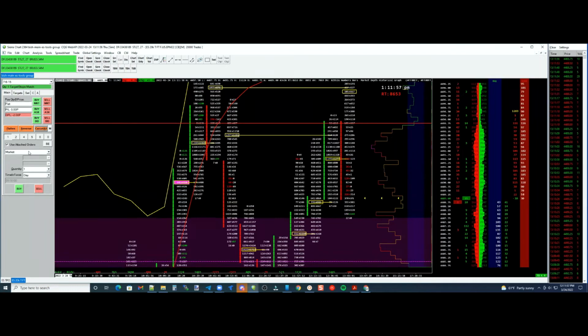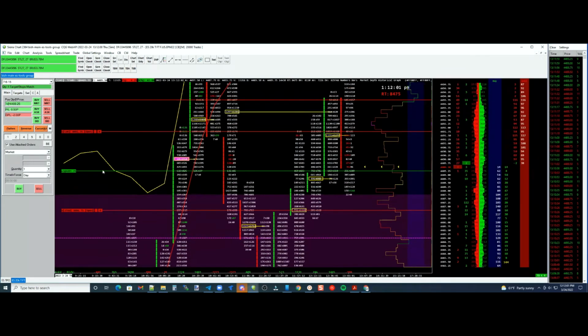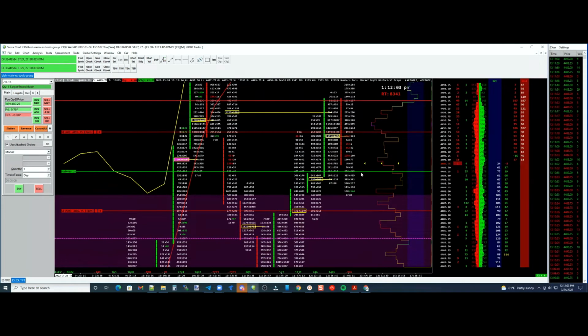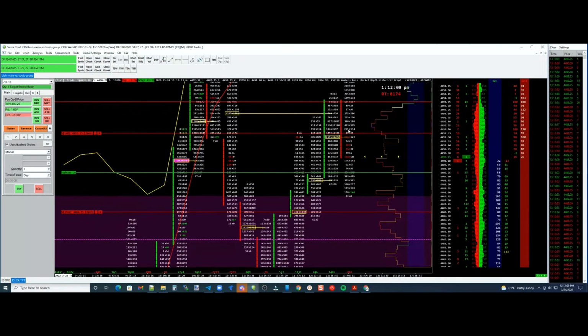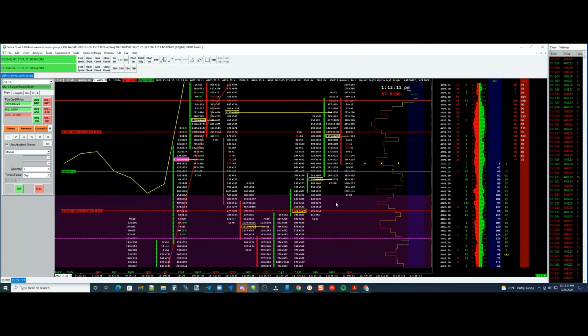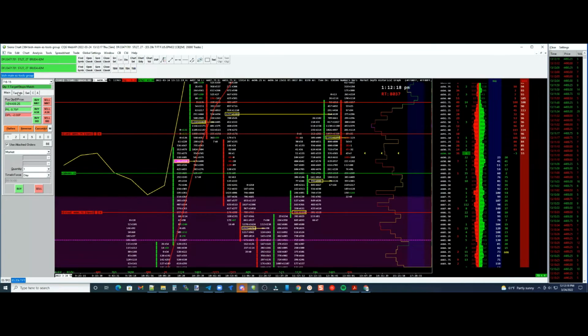And if you come in here and just mark it in, you can see I've got my order entry right here. I just click mark it in, right? It automatically gives me a profit take of 10 ticks, and it automatically gives me a stop loss of 10 ticks. Now, you can do all sorts of things to this.